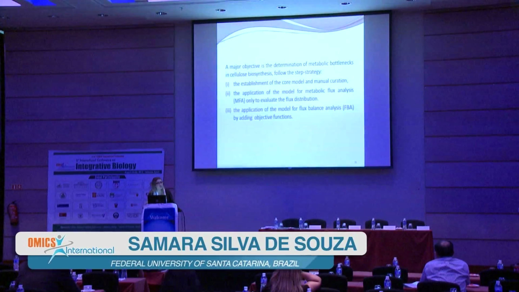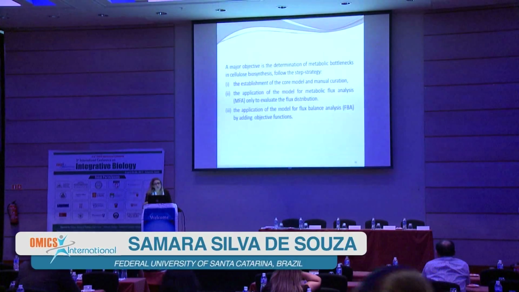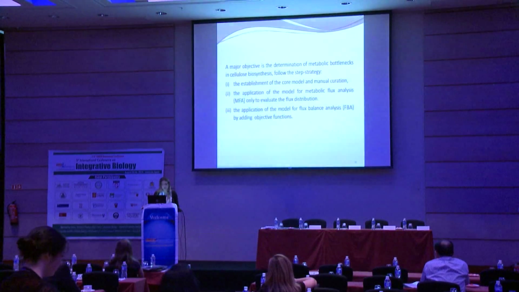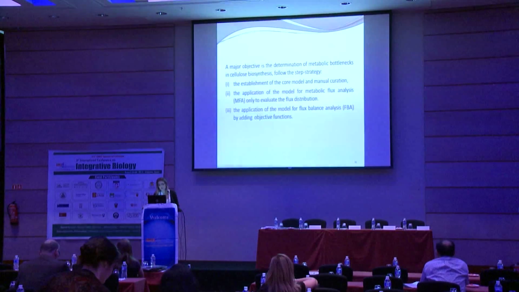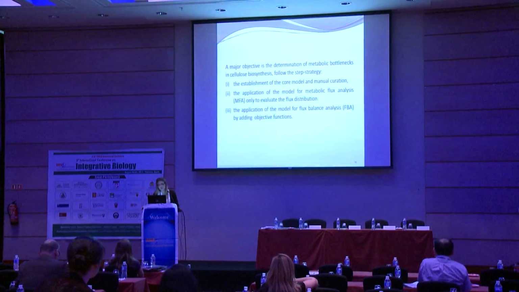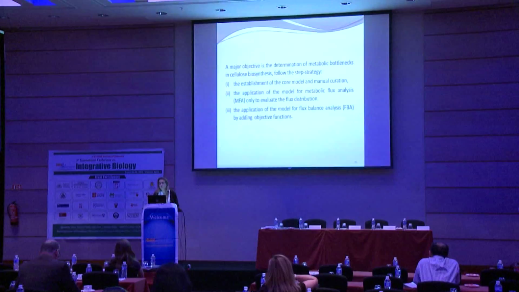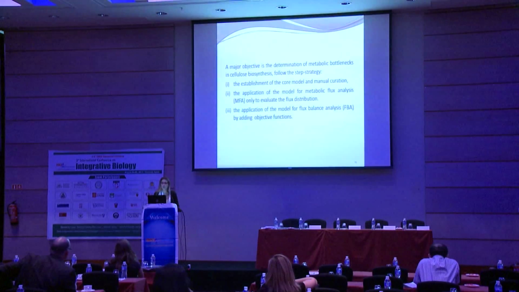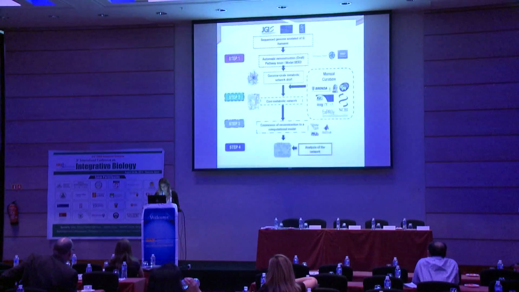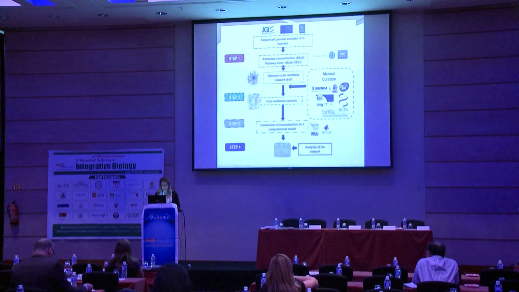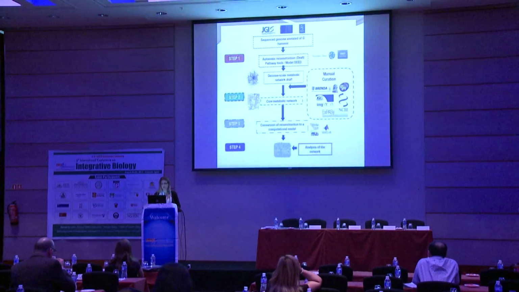Follow the step strategy. First, the establishment of the core model and manual operation. Second, the application of the model for metabolic flux analysis only to evaluate the flux distribution. And third, the application of the model for flux balance analysis by adding objective functions.